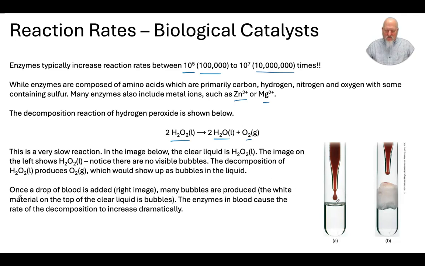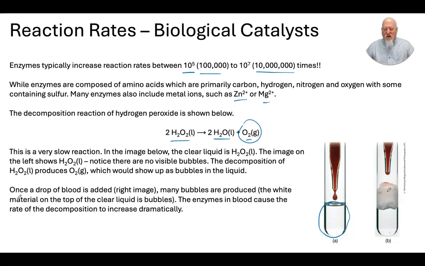However, on the left here, we can see that liquid's just hydrogen peroxide, nothing in it. If the reaction was pretty quick, we'd be seeing bubbles because of the O2. O2 would be being produced, and O2 is a gas, so we'd see bubbles. But on normal timescales, just with H2O2, the decomposition is really slow.